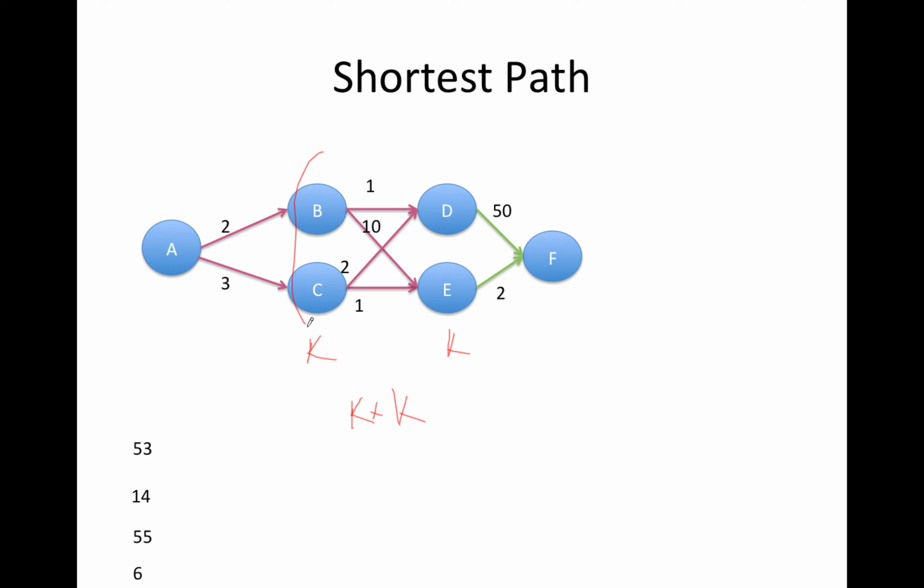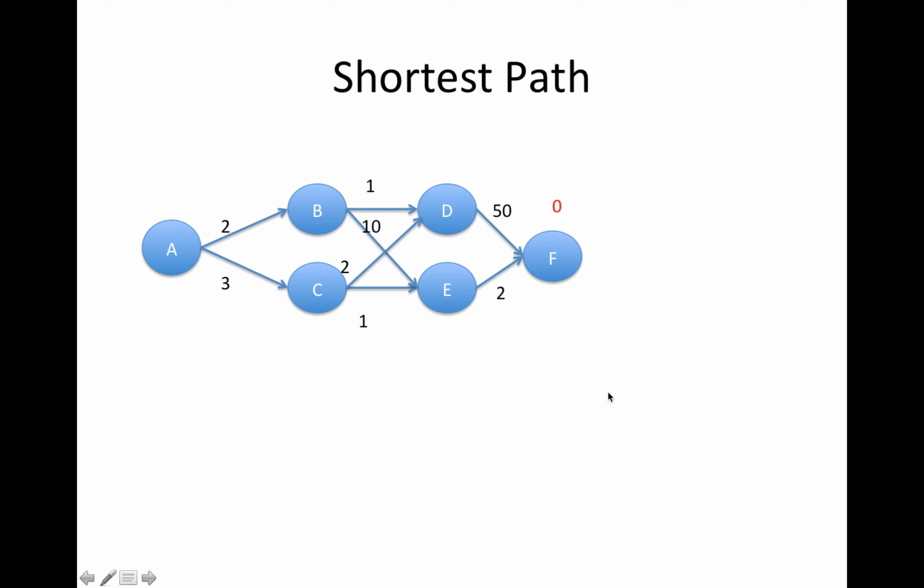So if this is 1 hop, this is 2 hop, and if there are n such hops, our total time complexity would be k into up to n times, since we are literally traversing every path. That's clearly not a very desirable time complexity.